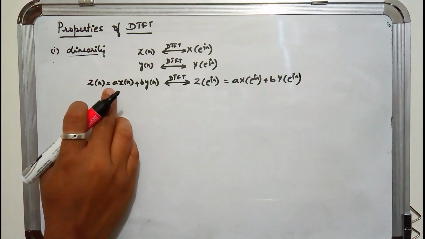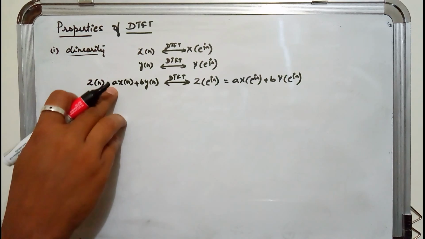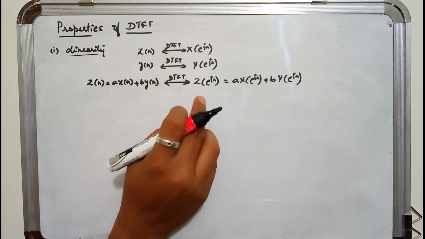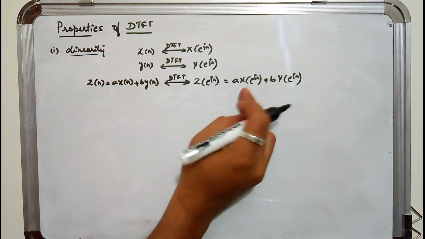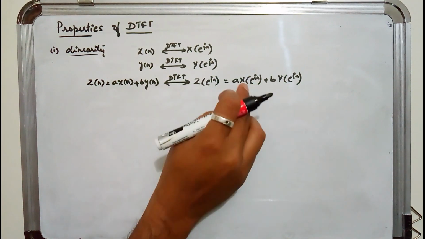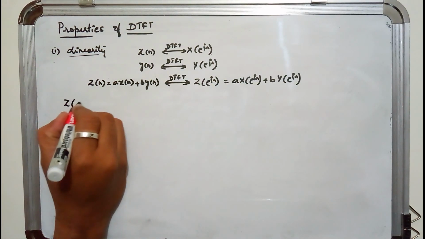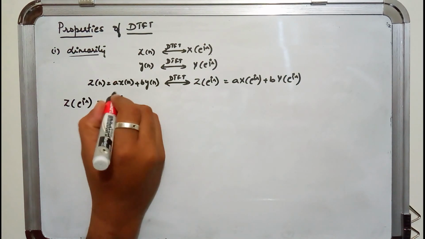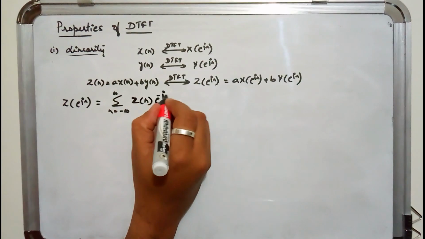That means if the input is a weighted sum of two or more signals, where weighted sum means you are multiplying by constant factors a and b, then the output is the weighted sum of responses to individual signals. Now let me take Z of e power j omega, which is summation n equal to minus infinity to infinity z of n e power minus j omega n.